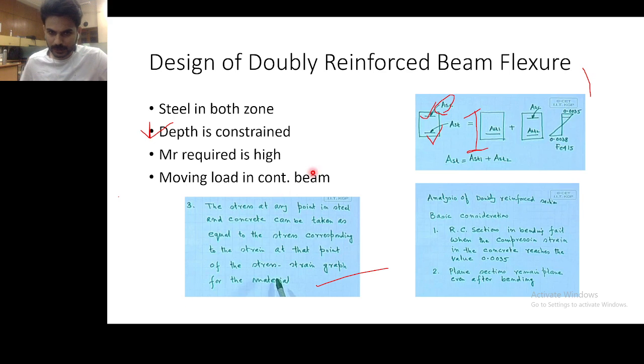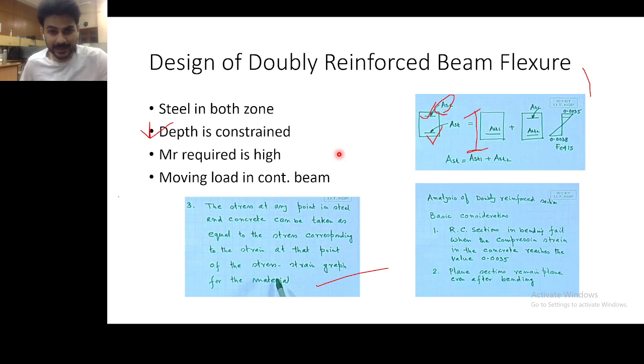Also, in a continuous beam where there is a moving load, because of the moving load at the support section there will be changes in the nature of the loads. As we see, tension is on the bottom side and compression is on the top side, but due to the moving load it can reverse its signs. If it reverses, then on the top section where only concrete is there, if you consider a single reinforced beam, it can't take the tension.